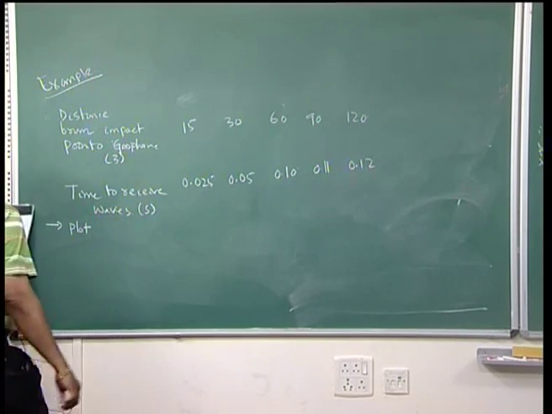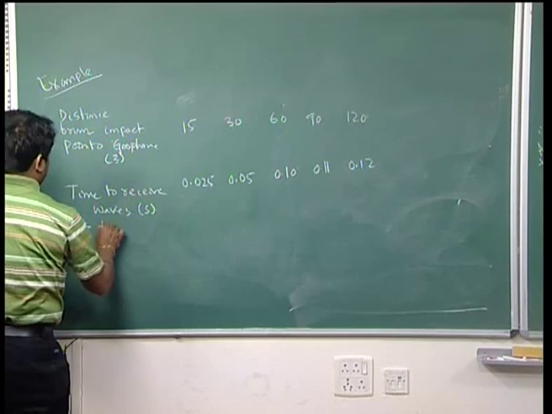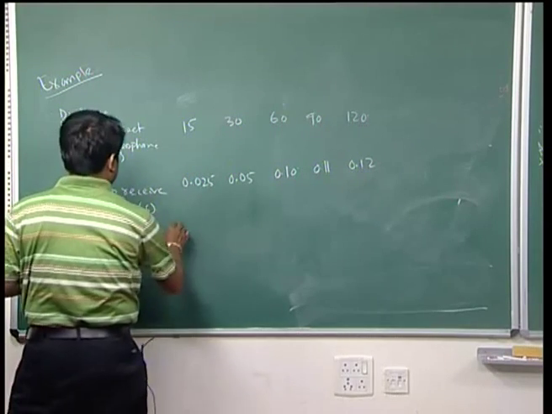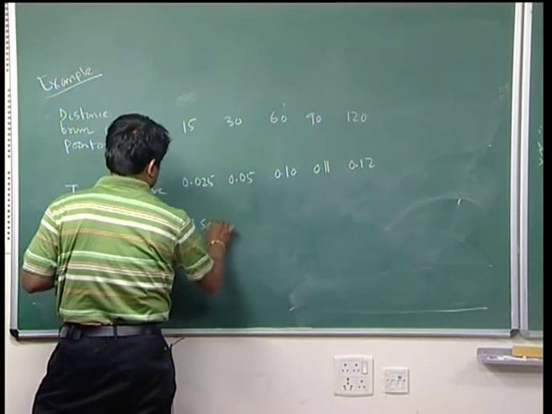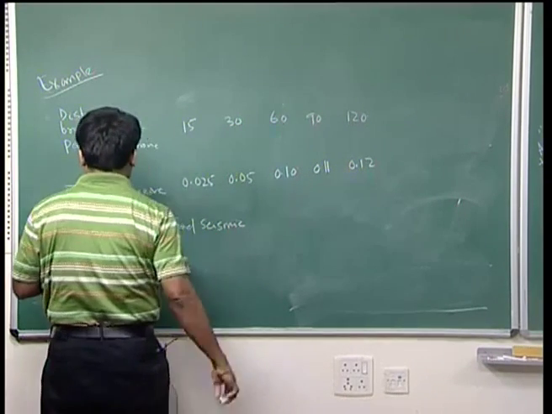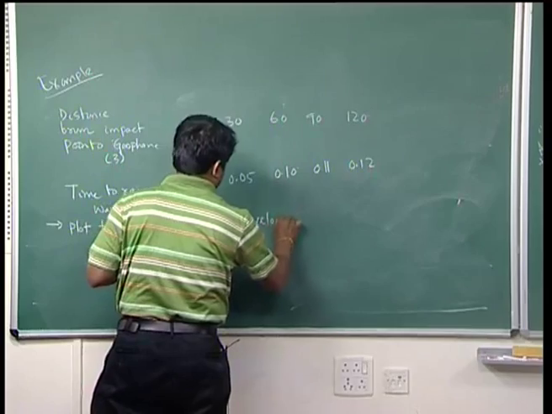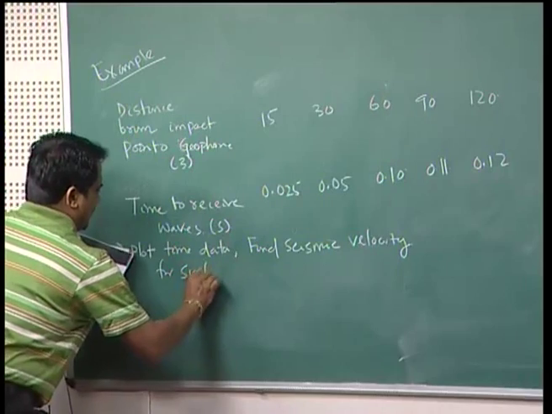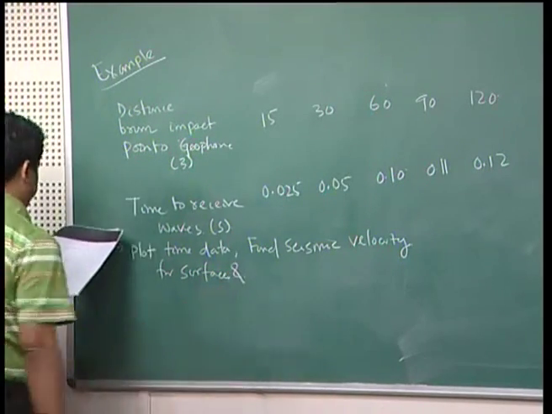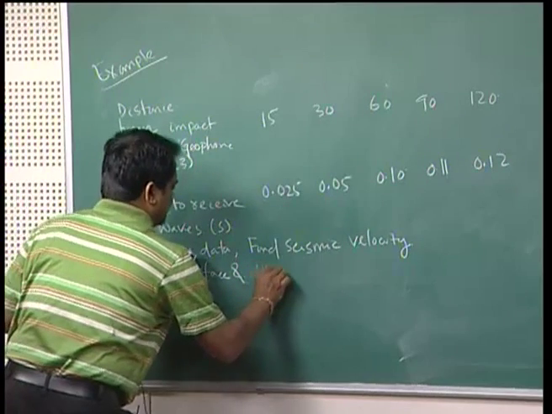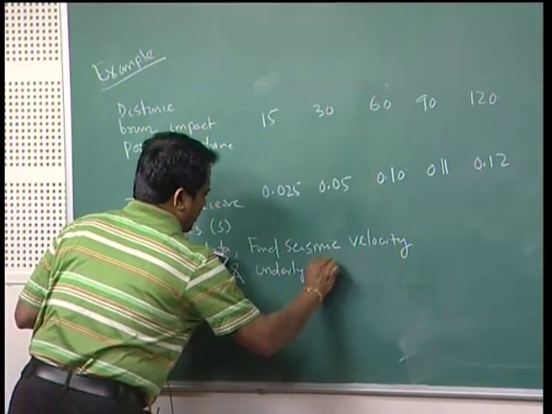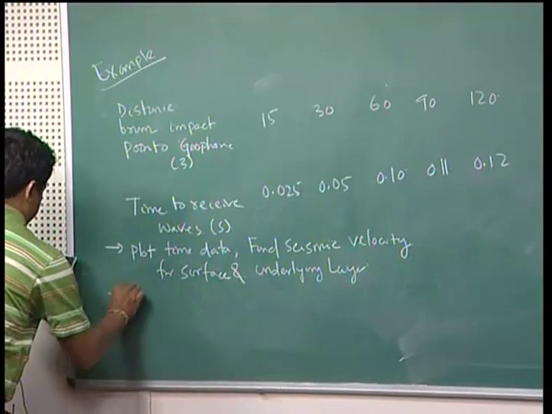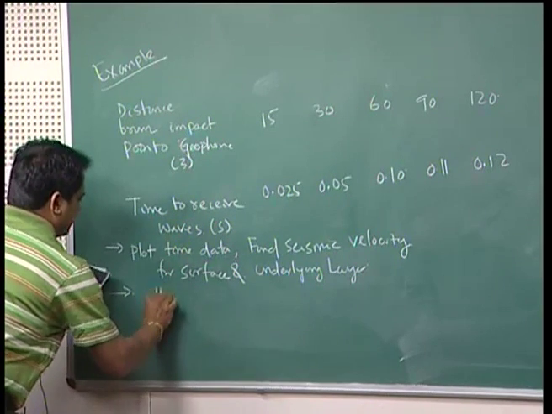Plot the time data, find seismic velocity for the surface and underlying layer. Then find the thickness of the upper layer.